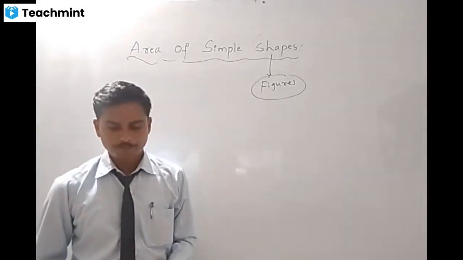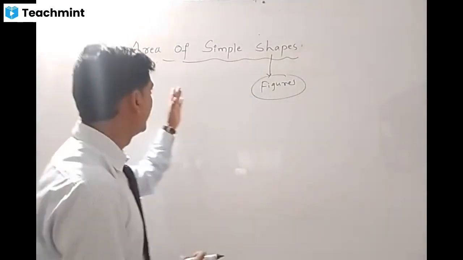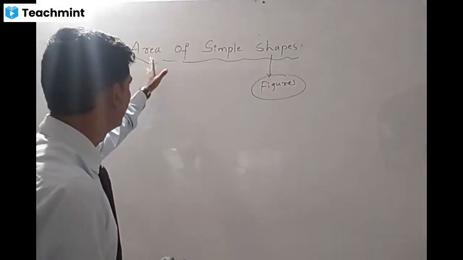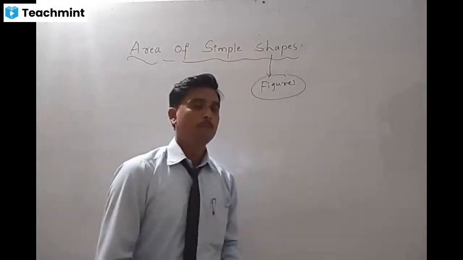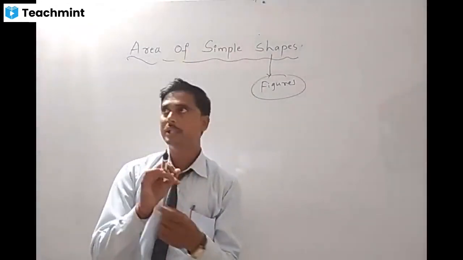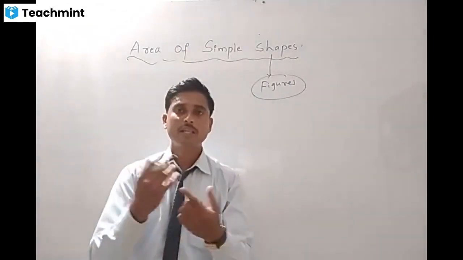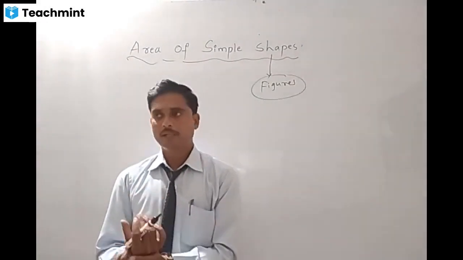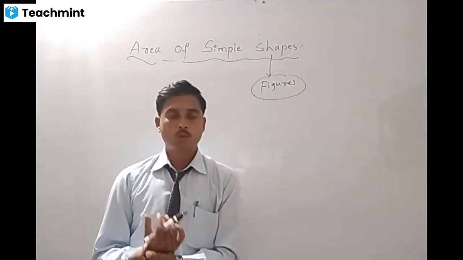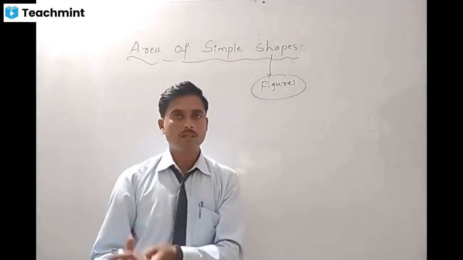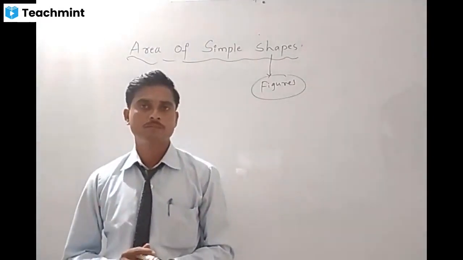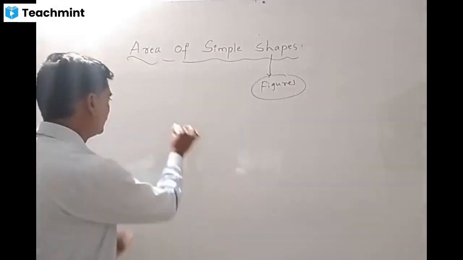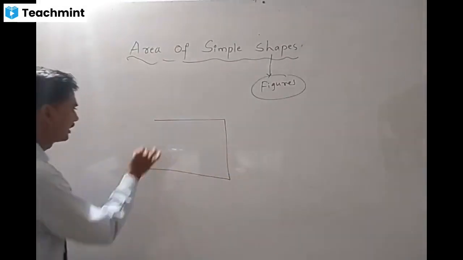Okay, dear students, today we are going to discuss area of simple shapes. Before that, yesterday we discussed perimeter. Perimeter is the total length of the boundary. For example, this is one rectangle figure.